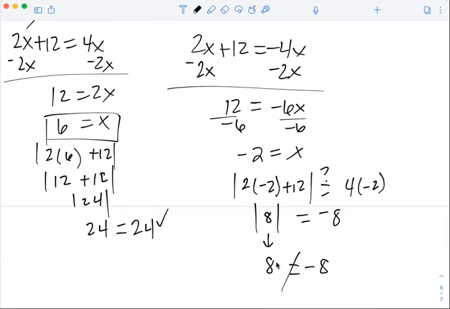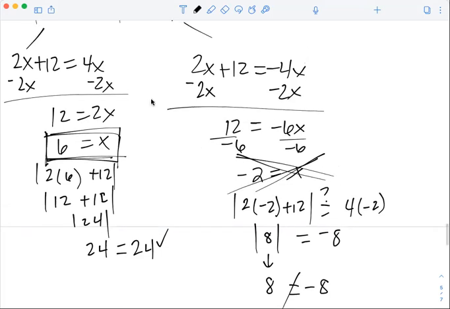In this case, it is not a solution, so we throw it out. It needs to be pretty clear that it is not a solution, so I would recommend that you cross it out and circle the only solution you've found, which in this case is 6. And that's how you check for extraneous solutions.